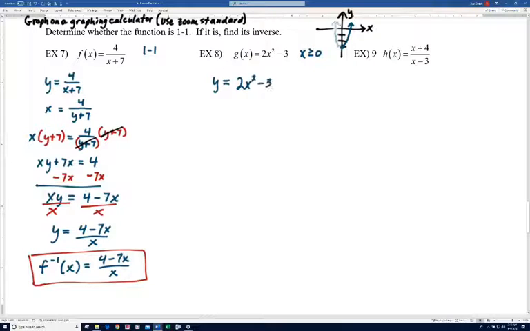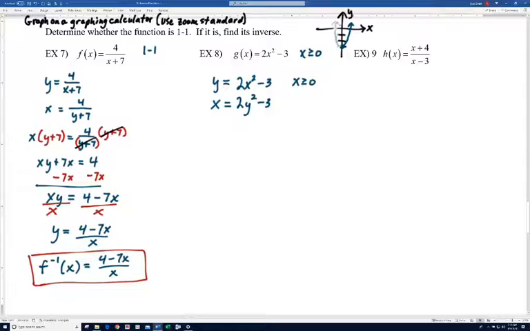So let's go ahead and replace g of x with y. Now I'm going to go ahead and write my restriction here because we're going to need it when we switch our x's and our y's. So let's go ahead and do that. We get x equals 2y squared minus 3.